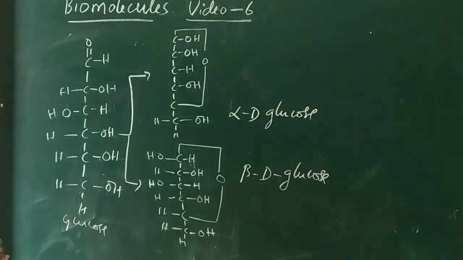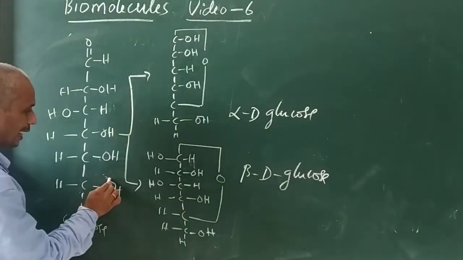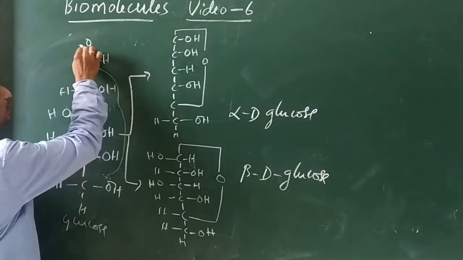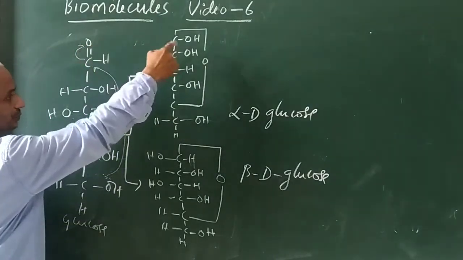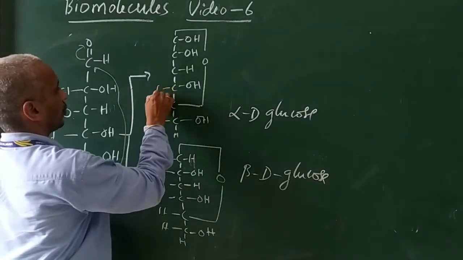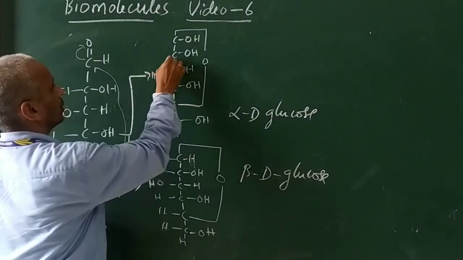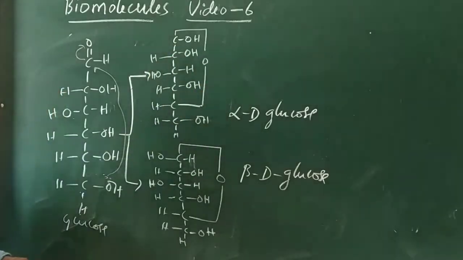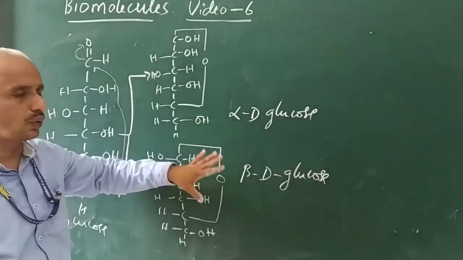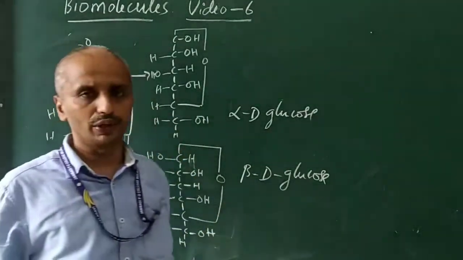How did it happen? Due to the attack of the lone pair of electrons on this carbon and carbon shifting, this H will be taken by this. So here I have H, here I have OH, and here I have H. So alpha D and beta D glucose are anomeric forms.